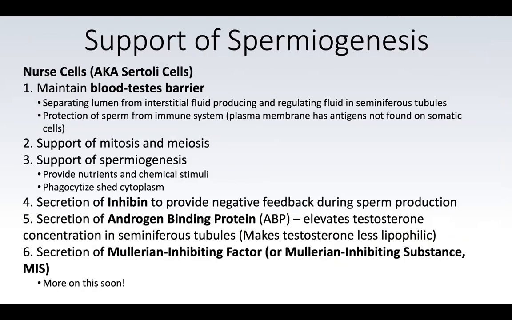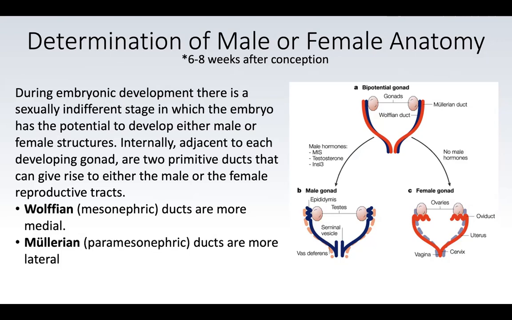As we follow along, what helps here is there's kind of a color coding system going on. The Wolffian duct is color coded blue to represent that it's what will be found in the male anatomy, whereas the Mullerian duct is what will be found in the female anatomy.